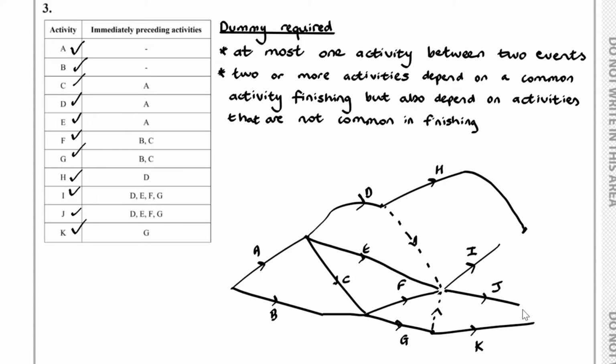Now, if you think about it, both I and J can't go to this common finishing point, so we need a dummy in between these. So let's show that dummy. And then we can connect over here K to J, like so. Okay, so this is our activity network, which I'll draw out neatly.